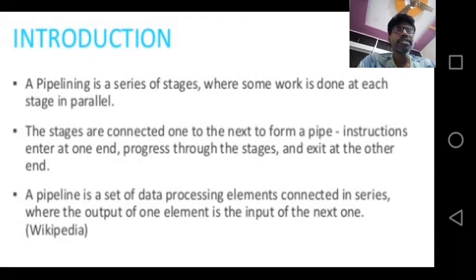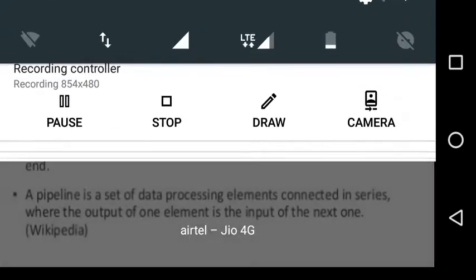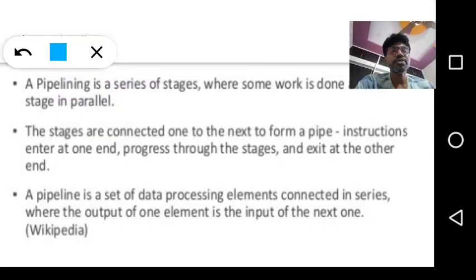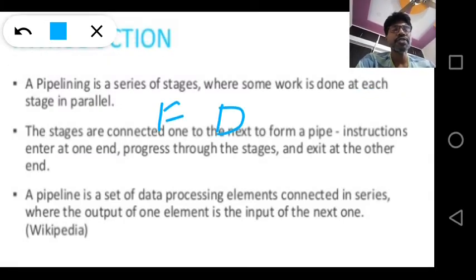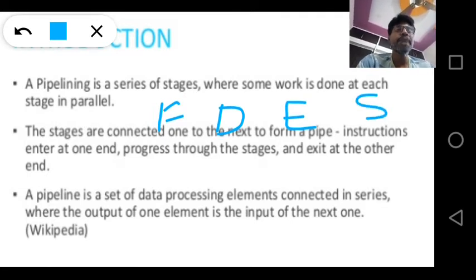Pipeline processing is like a series of stages. As I said, pipeline processing consists of a series of stages where some work is done at each stage in parallel. Like we have seen, pipelining is a series of fetch, decode, execute, store, where some work is done at each stage in parallel.